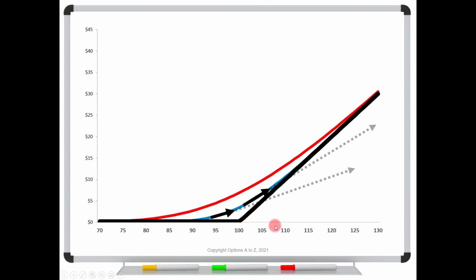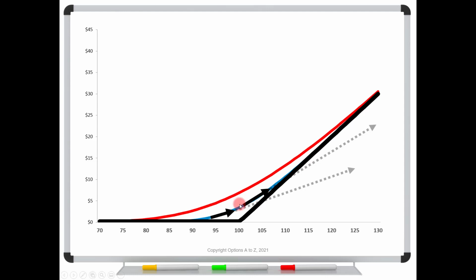Conversely, if the stock is up here, maybe even only at 110, you're almost 100% certain that it will be in the money. We don't need it to be as deep in the money as we did on the red line because there's more time. All right, so that's what's happening.